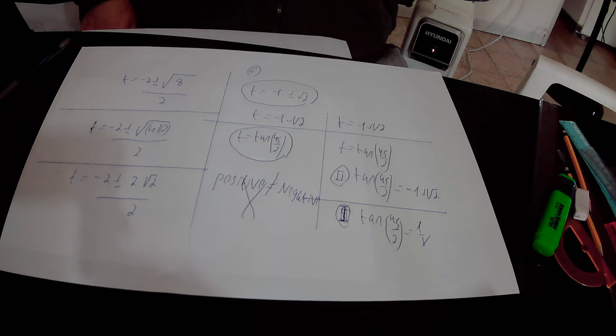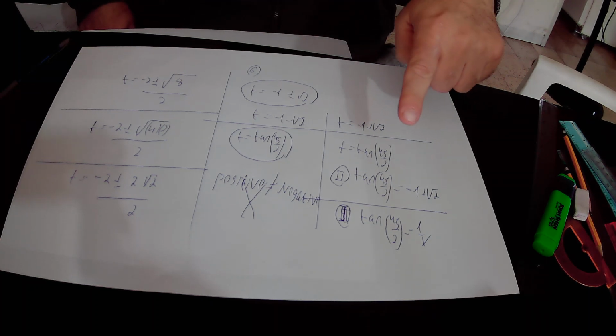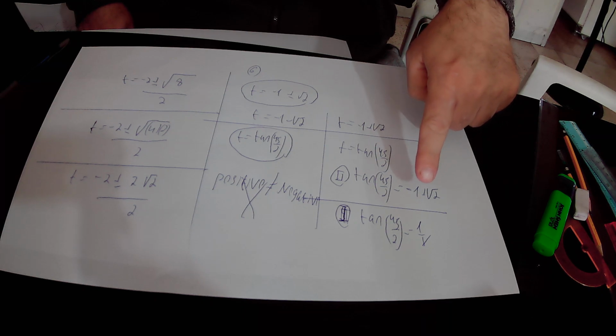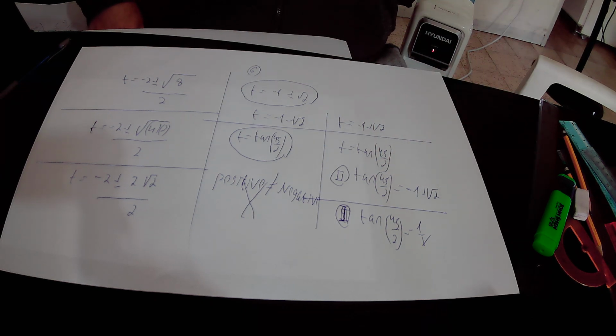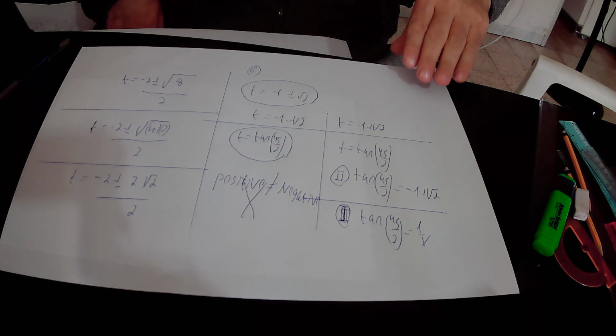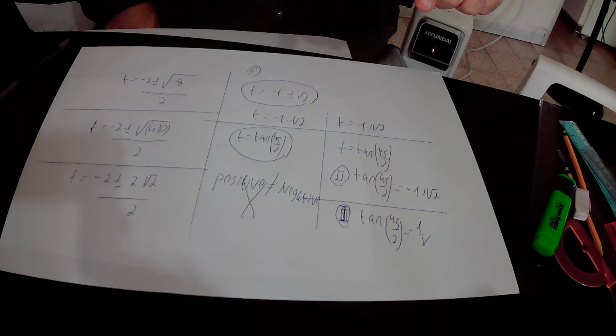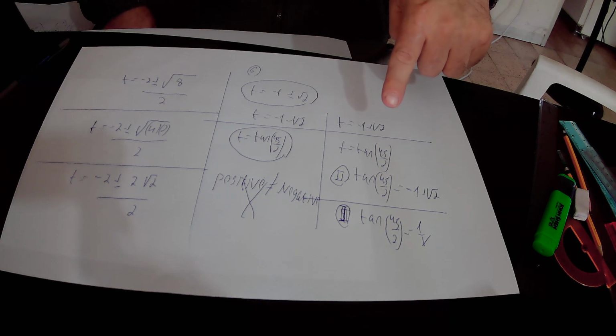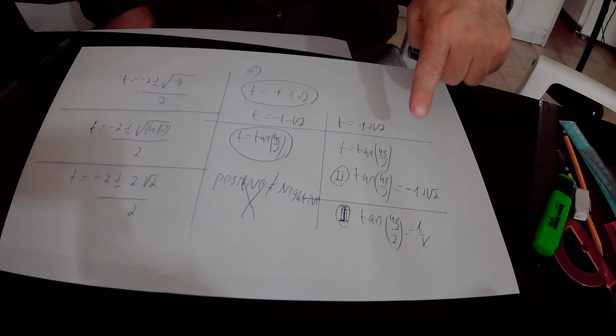While according to equation number 1, we have already found out that tangent of 45 over 2 degrees equals 1 over x. So we have two different expressions for tangent of 45 over 2 degrees. Therefore, we create equation number 3, which states that tangent of 45 over 2 degrees according to equation number 1 must be equal to tangent of 45 over 2 degrees according to equation number 2.